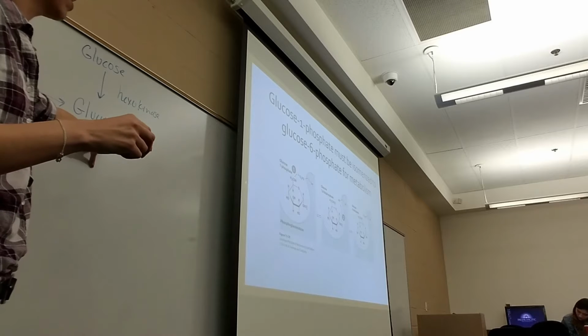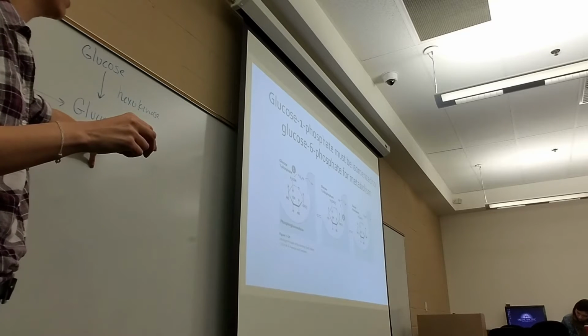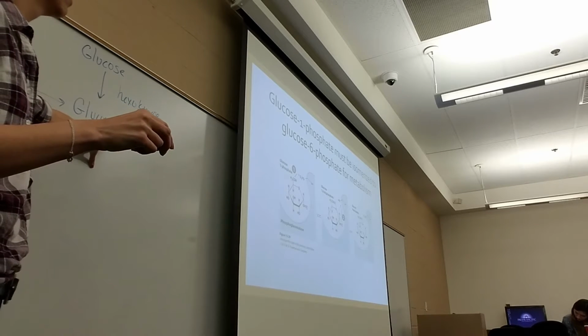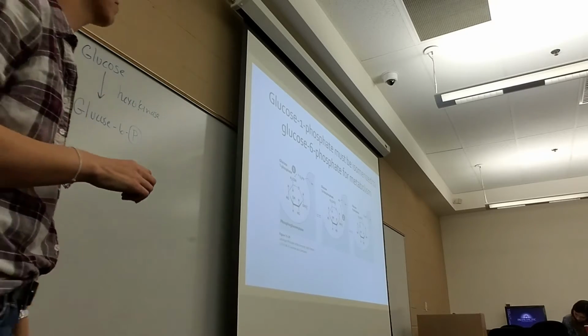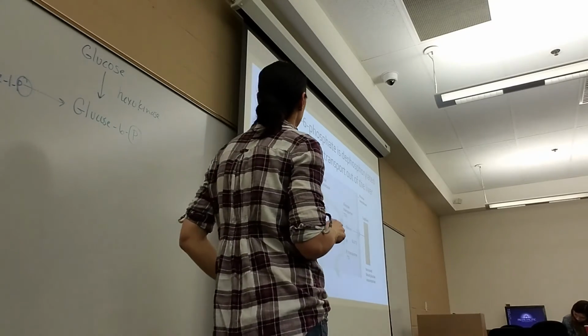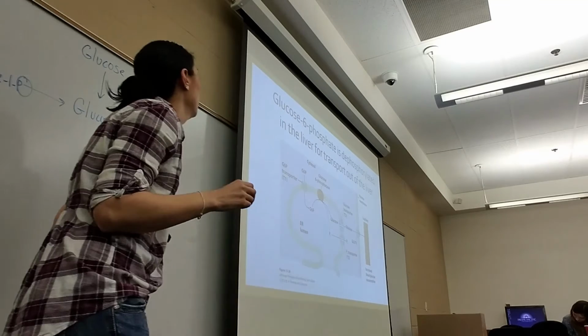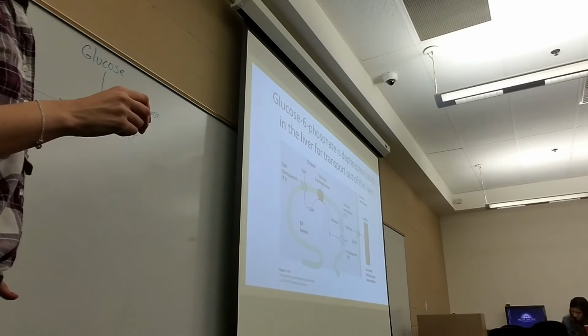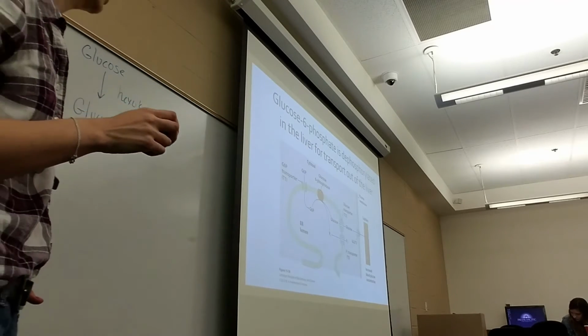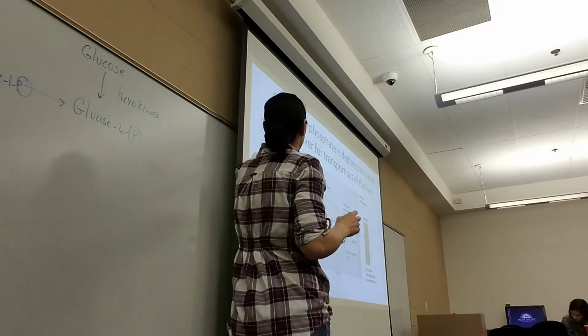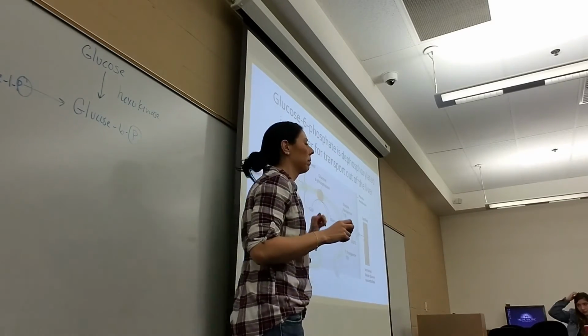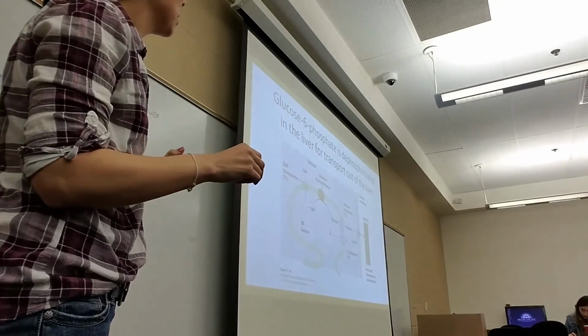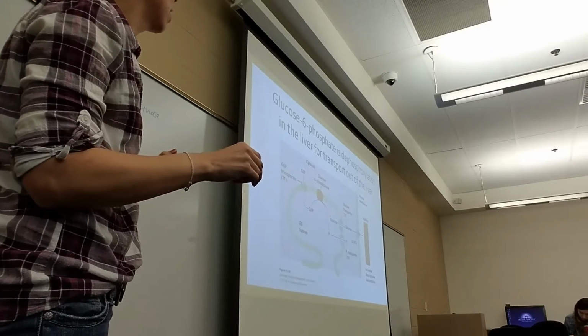Okay. So again, after the glucose 1-phosphate is created, it's isomerized to glucose 6-phosphate, which then can enter into the cell. Glucose 6-phosphate is dephosphorylated out of the liver to be utilized in other parts of the cell.